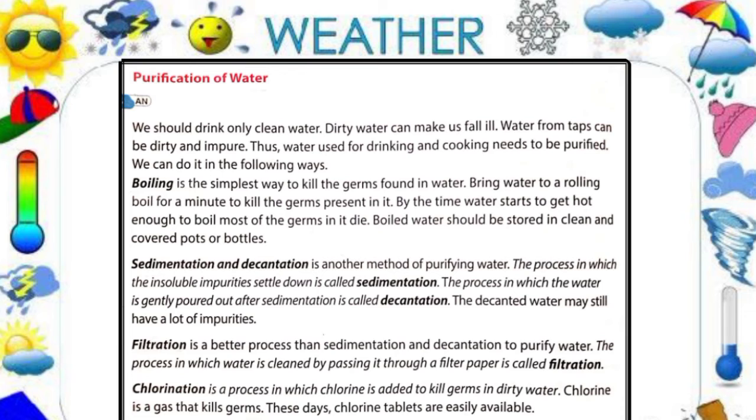For example, sand and water can be separated by filtration. And an example of filtration used at home is the separation of tea leaves from tea using a strainer. So this is another method of purifying water.